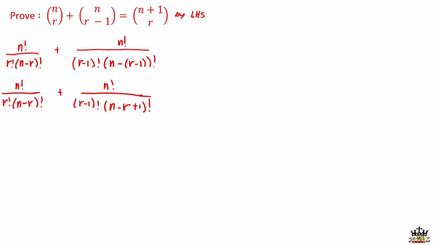But before that, we're going to do some simple logic by giving an example. Let's say 5 factorial is equal to 5 times 4 times 3 times 2 times 1, which is the same as 5 times 4 factorial. Here we have r factorial and r minus 1 factorial.